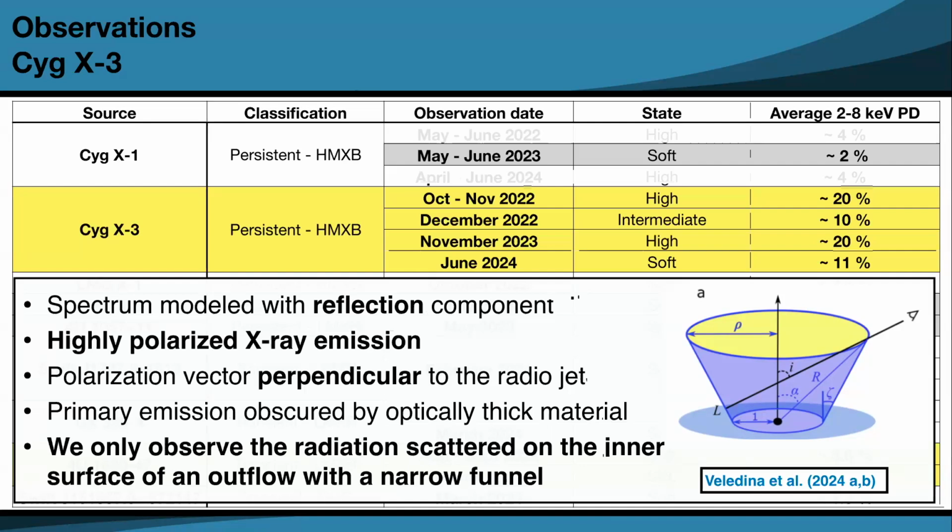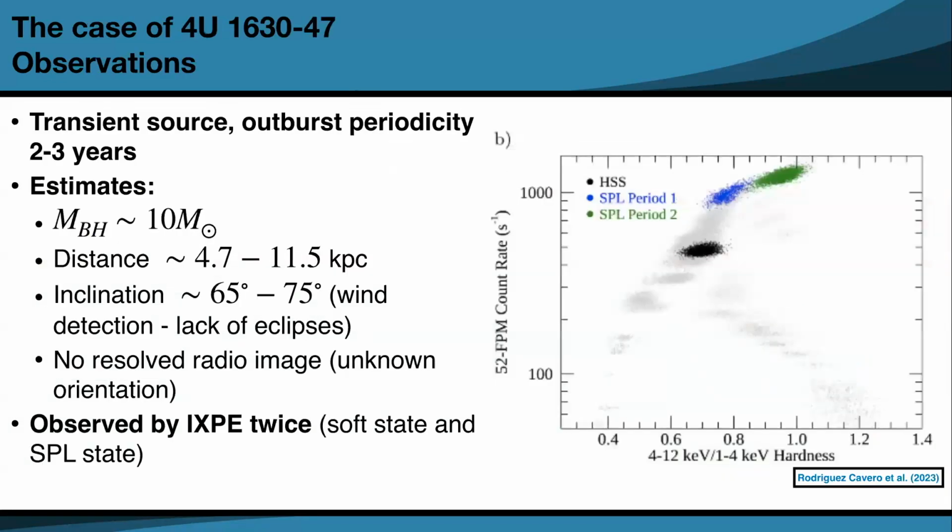And so we are left with 4U1630. That is probably the most enigmatic stellar mass black hole that was observed by IXPE. This source is a transient source. It goes into outburst every 2 to 3 years, and we have some estimate on the mass, the distance, and the inclination.